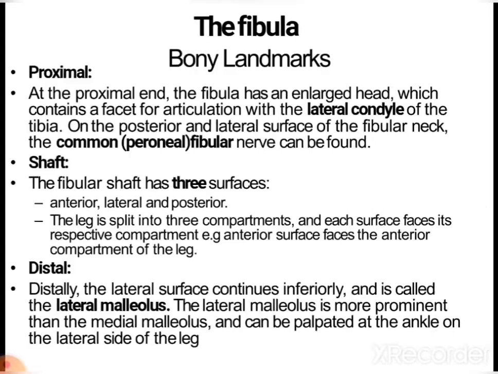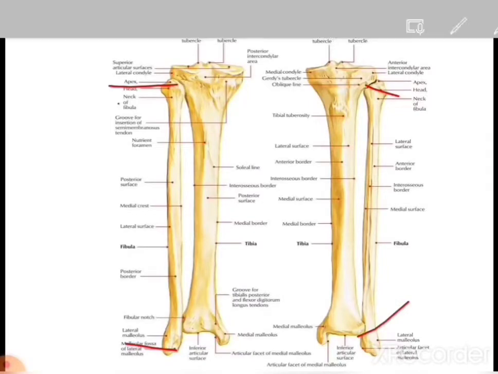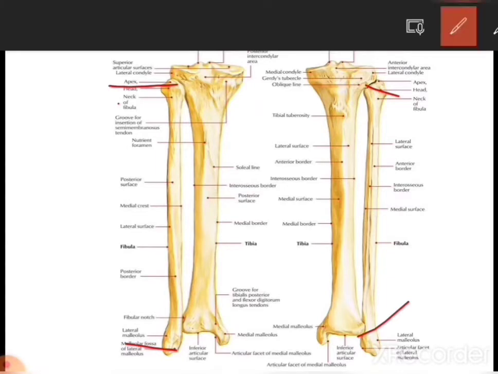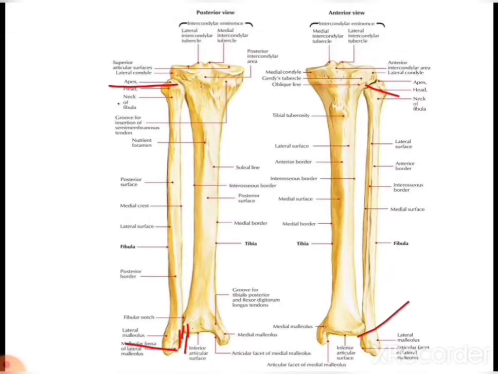So at the lower end, at this point on the medial side, we have a facet. This facet articulates with the lower end of the tibia and forms the distal tibiofibular joint.